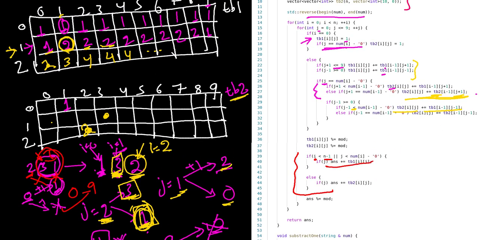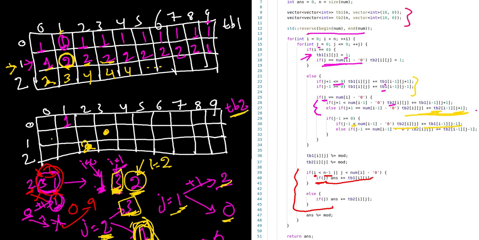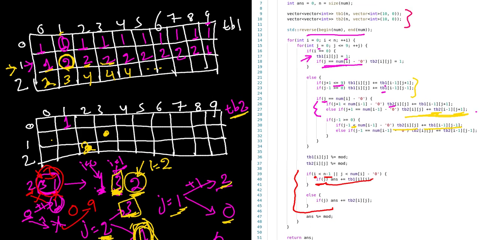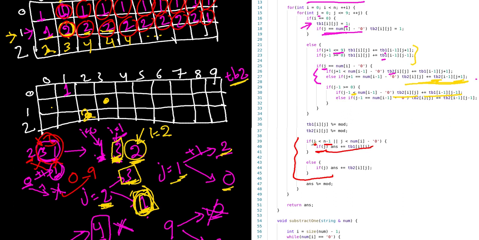So we add it to the answer, and notice here we check j should not be 0 because of this condition, should not have leading 0. So in this case this will be part of the answer, this one, this, all of these are part of the answer, because this is i less than n minus 1.